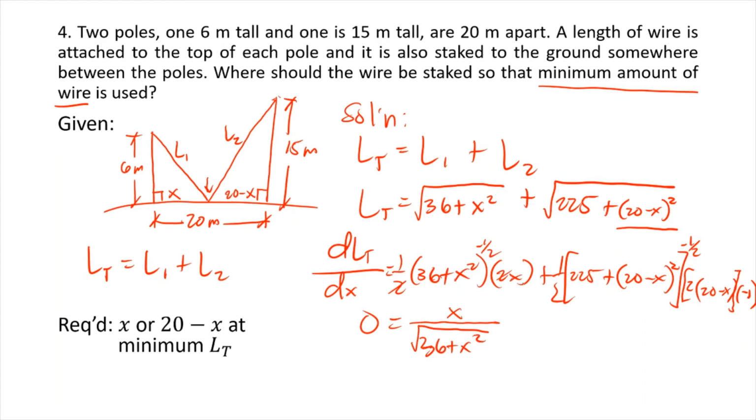Then for the second term, we have a factor of -1, so this becomes minus, then cancel out 2. So we have 20 minus x divided by this expression. So square root of 225 plus 20 minus x squared.